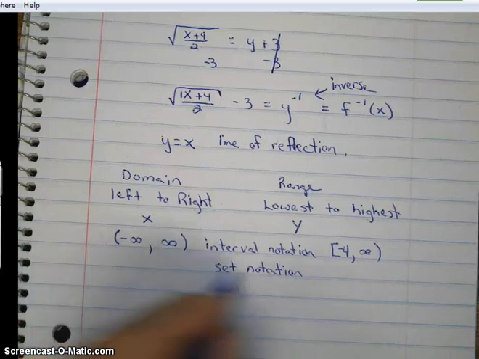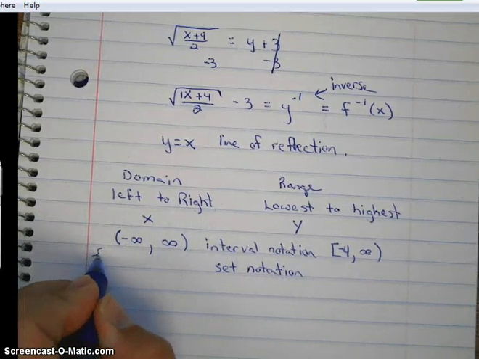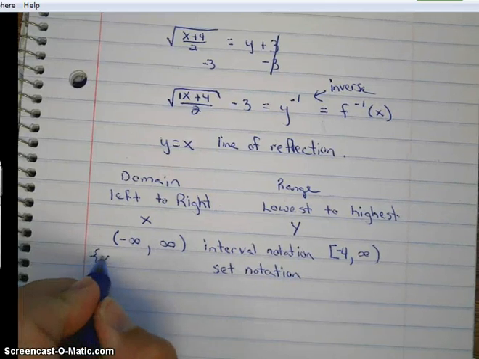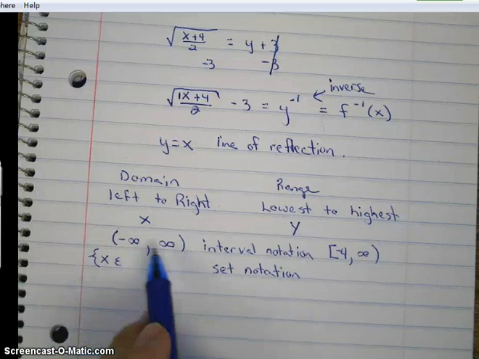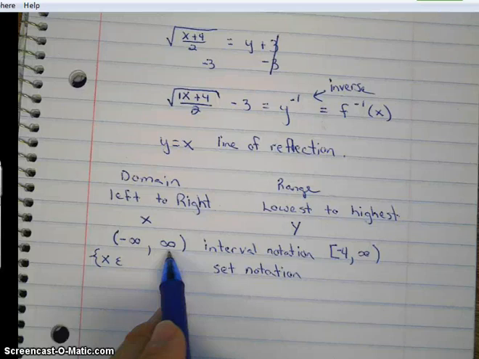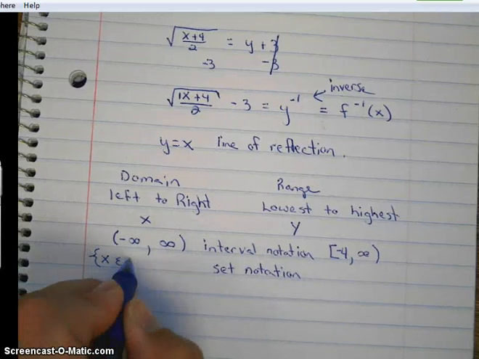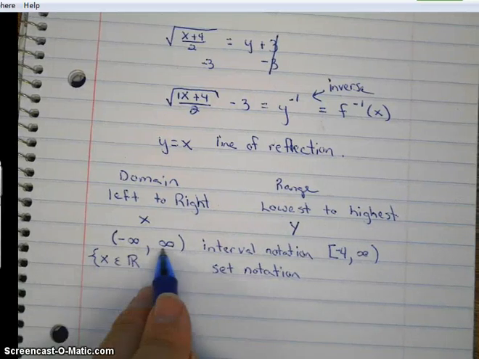Now set notation. In set notation, we have to write x is an element of what type of numbers. The type of numbers that fall from negative infinity to positive infinity encompass all real numbers. All of them, no exception.